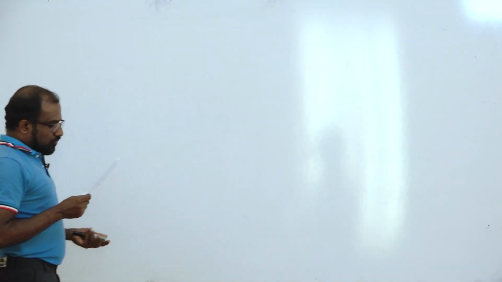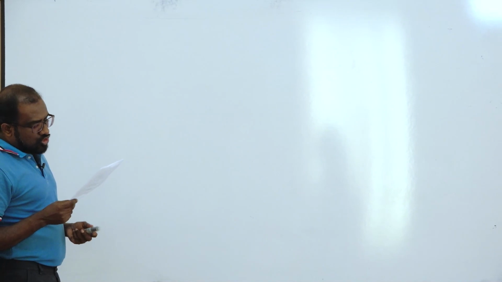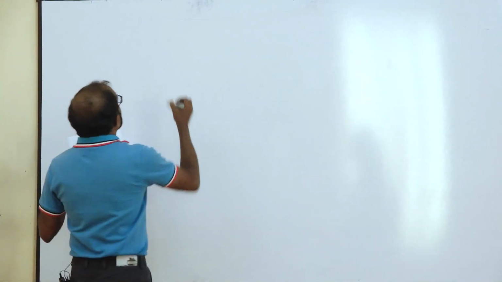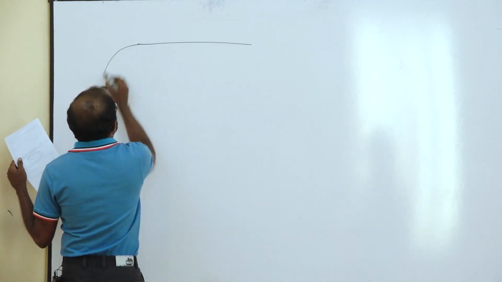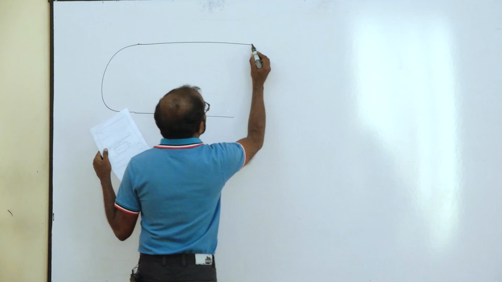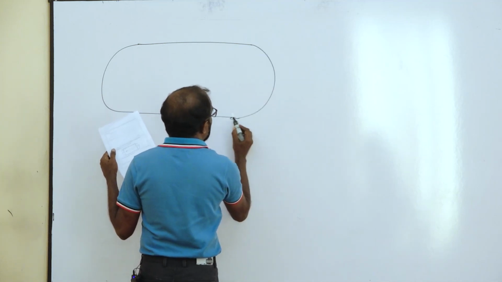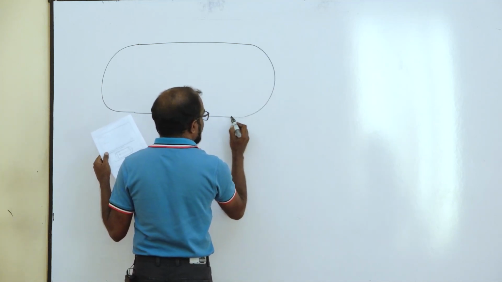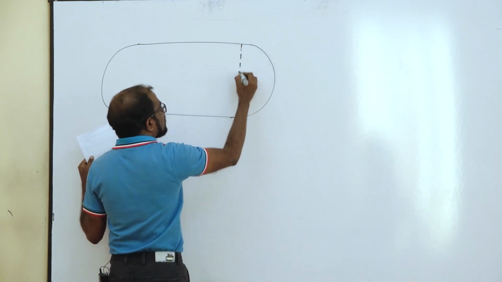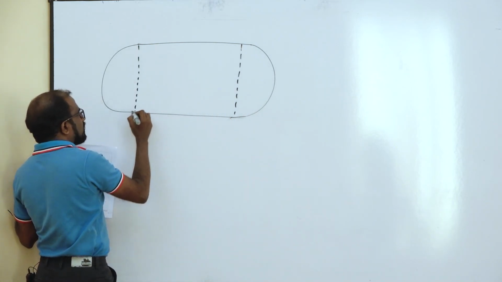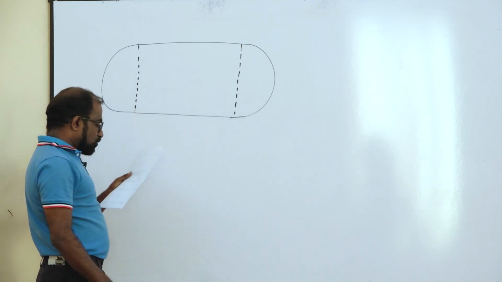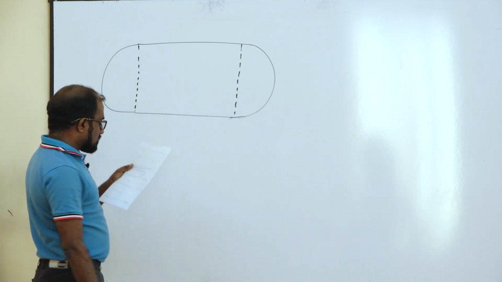A rough plan of a running track is shown in the figure. Running tracks, where you run for the sports meet. In the middle you have a rectangular part, and on either side you have two semicircular parts.